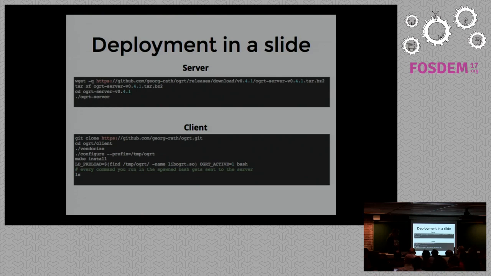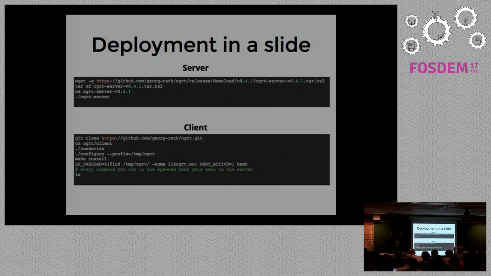That's a slide more for the administrators here. It's very easy to deploy because the server is Go. So it's a static binary, you drop it somewhere, look into the configuration if you want to. That's it. The client is basically configure make, and there is a vendor script. So if you want to try this out, it downloads the dependencies automatically, compiles them with the flags that are necessary for that.